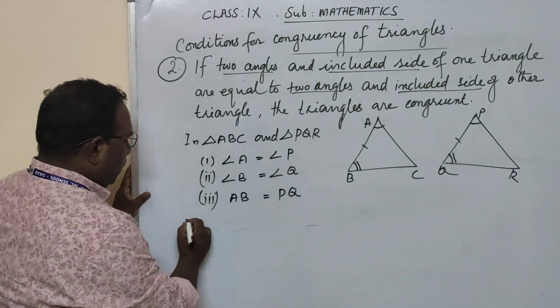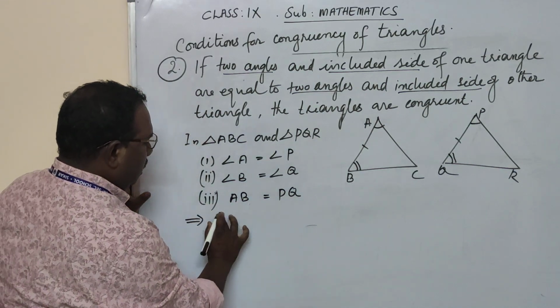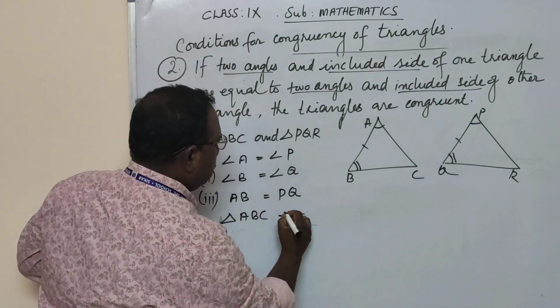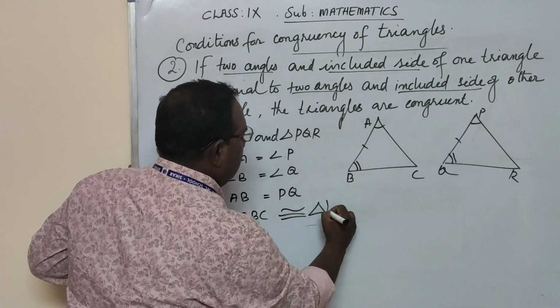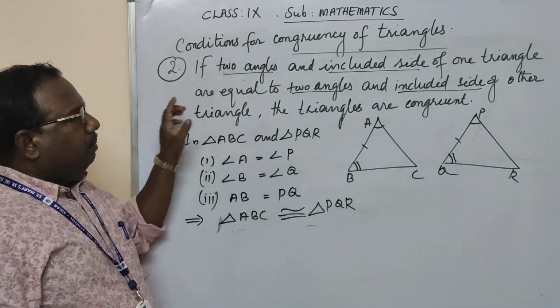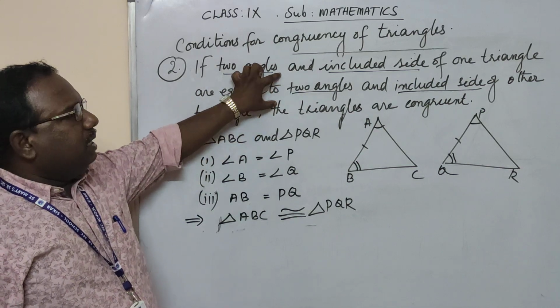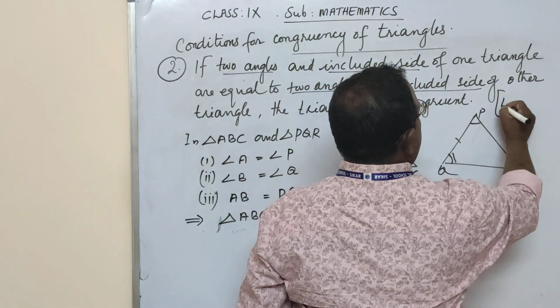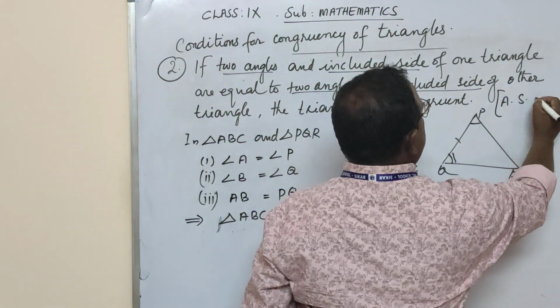Which implies triangle ABC is congruent to triangle PQR by this condition. This condition is abbreviated as ASA.